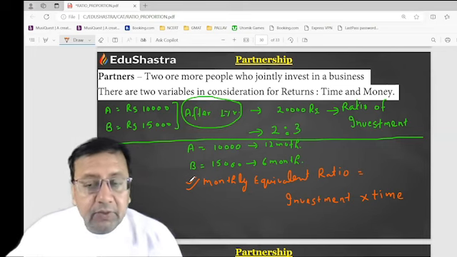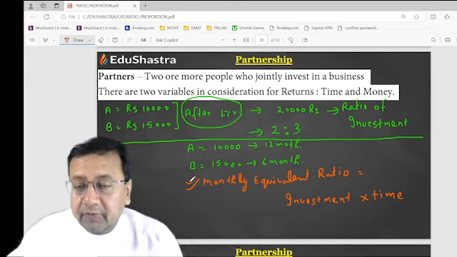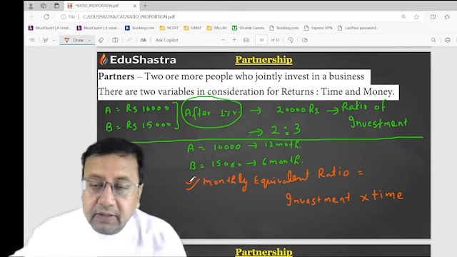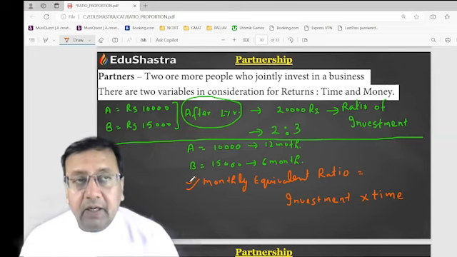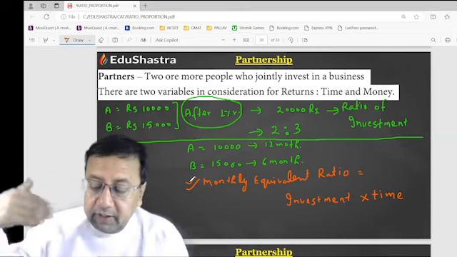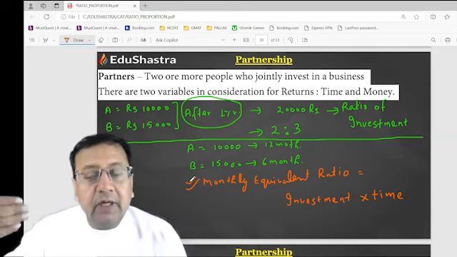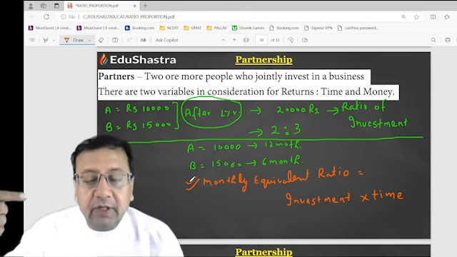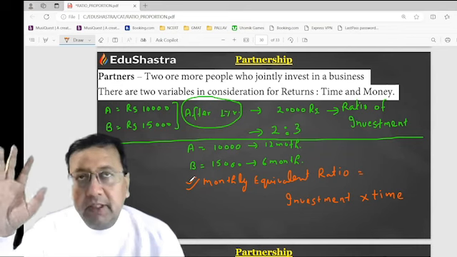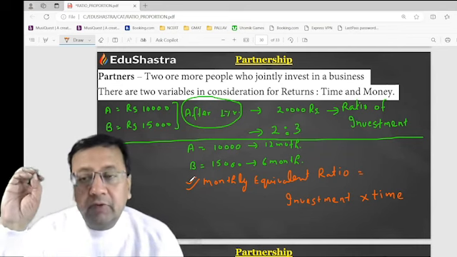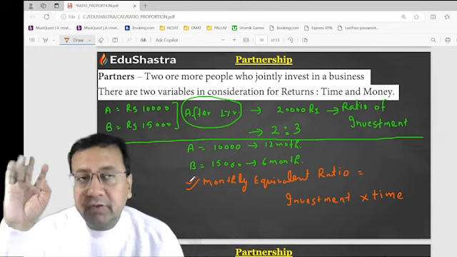And in this ratio, the profit will be divided. And I suppose you can understand this practically when you are putting your money in SIP, systematic investment plan, right? So in this, maybe you're taking, let's say, 1,000 rupees, and you're putting this 1,000 rupees every month. So take an example, you're putting money every month for 1 year, that is 12 months.